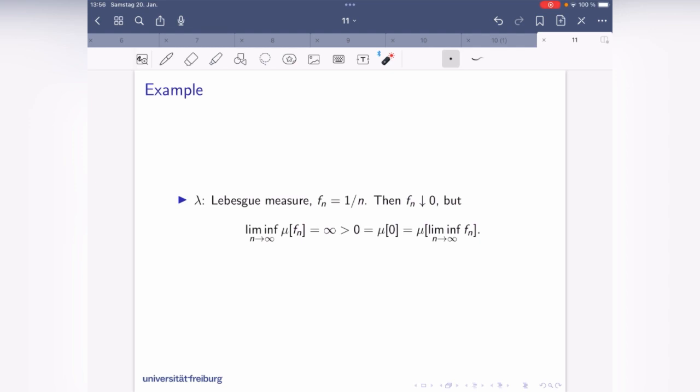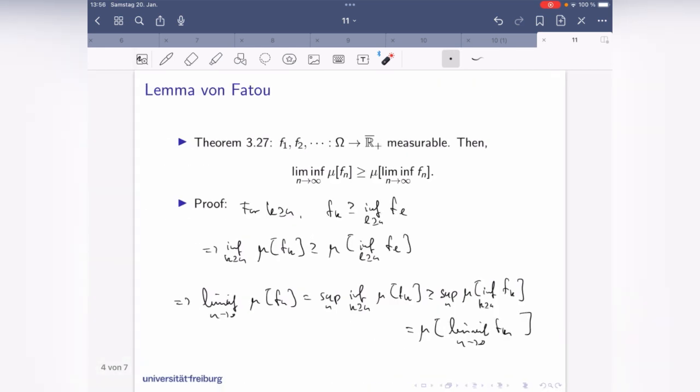Right, and we also have to see that in Fatou's lemma, they only go to R plus. Yeah, otherwise the proof here does not work.